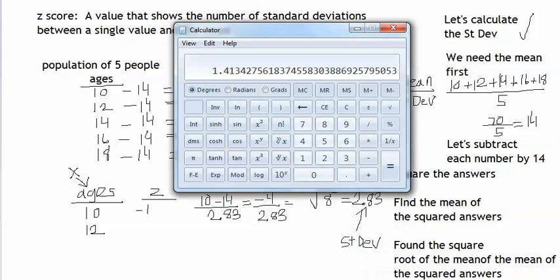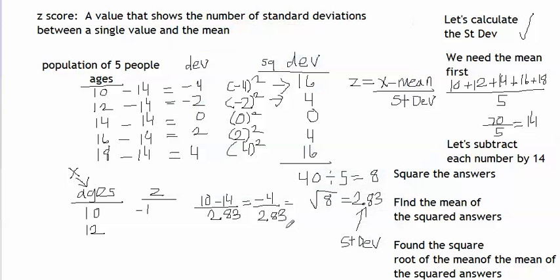So this right here was actually negative 1.41.